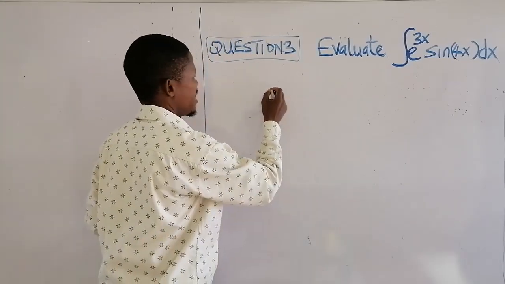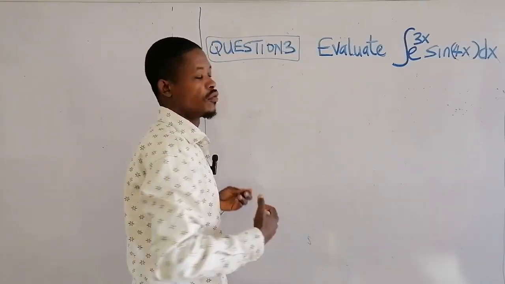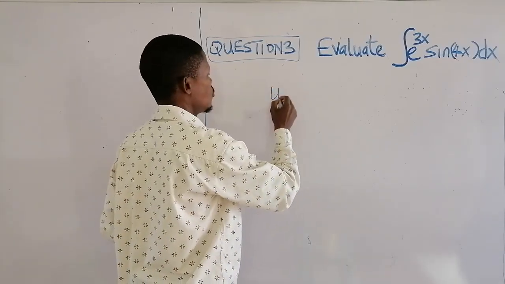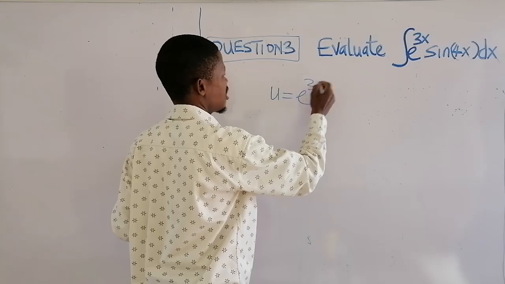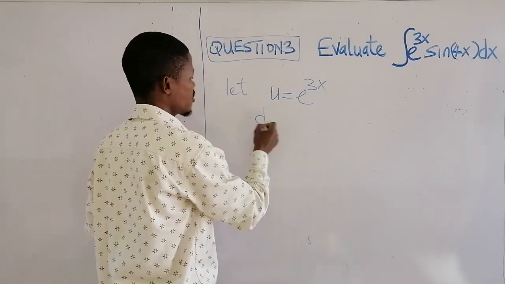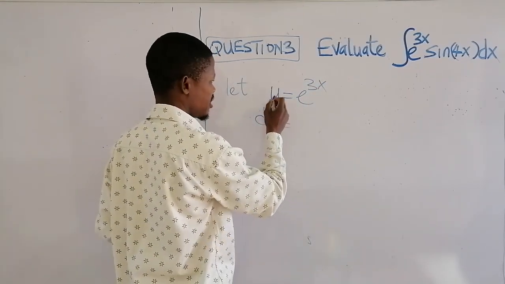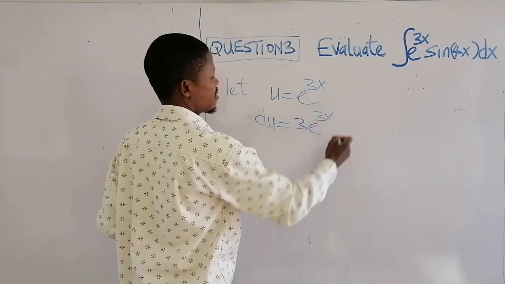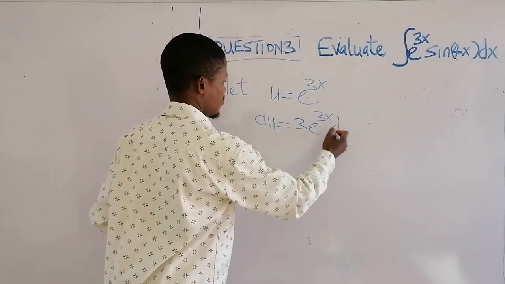Since it's a product of 2 items and we're using integration by parts, let u be equal to e to the power 3x. If you differentiate u with respect to x, that will be equal to 3 e to the 3x dx.